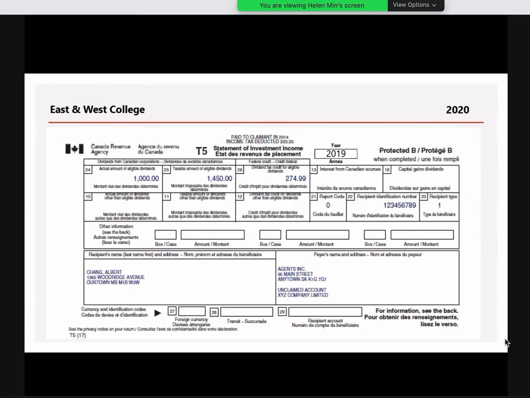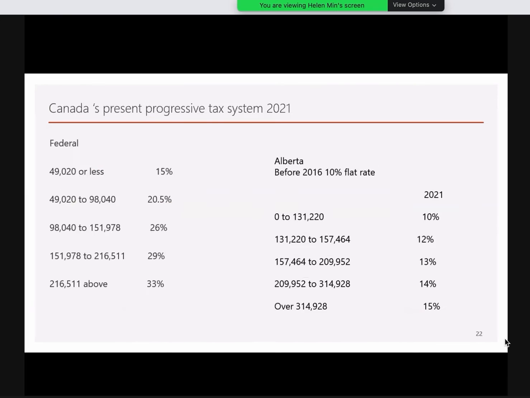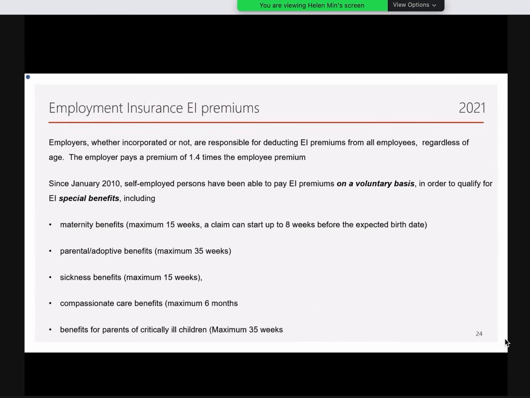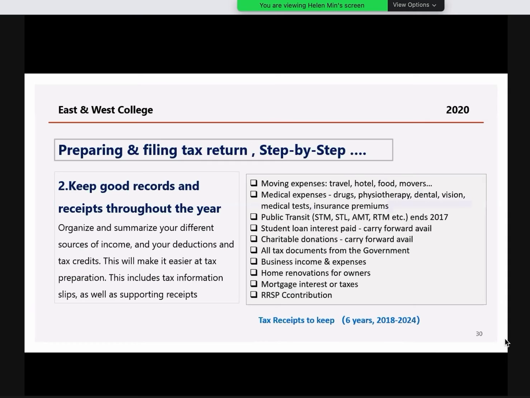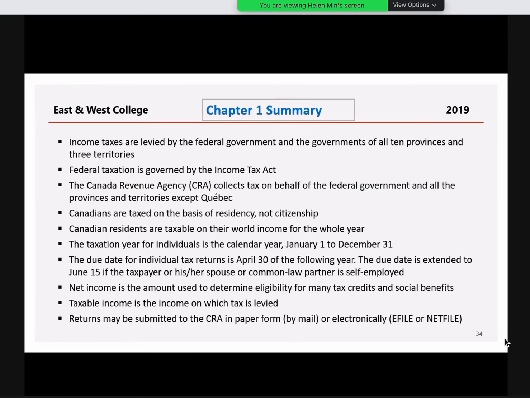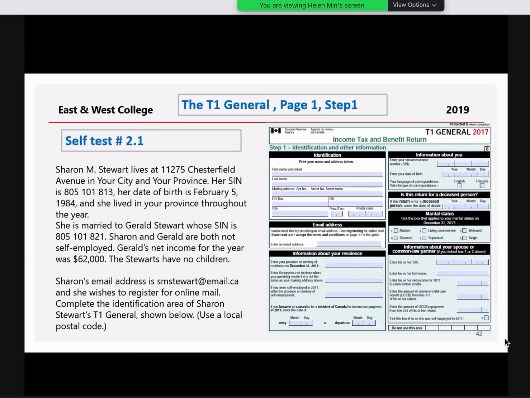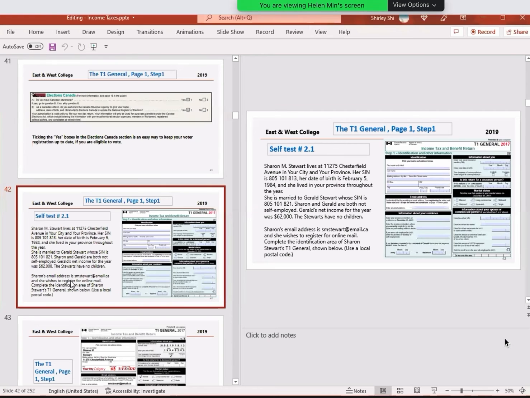So this one we already went over. I think I have another important thing. For yesterday, just hold on, I need to check.